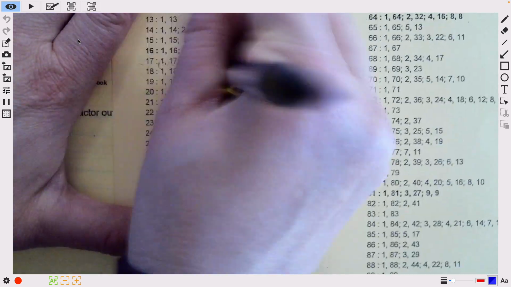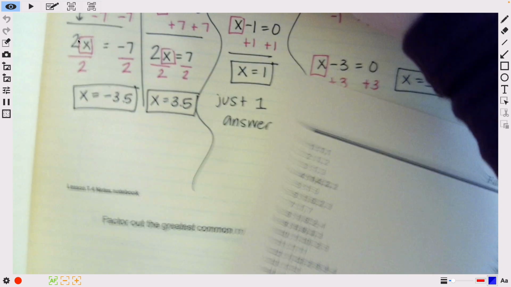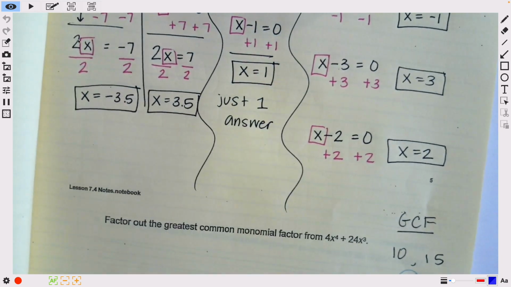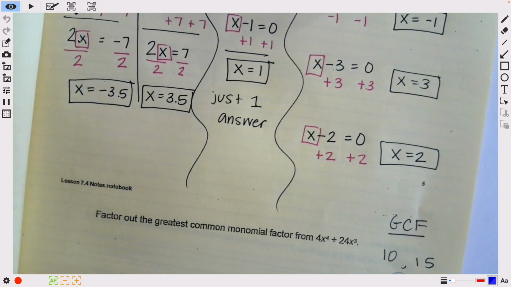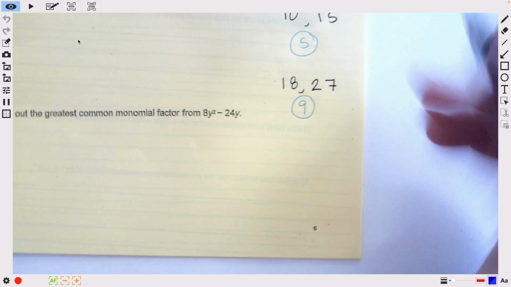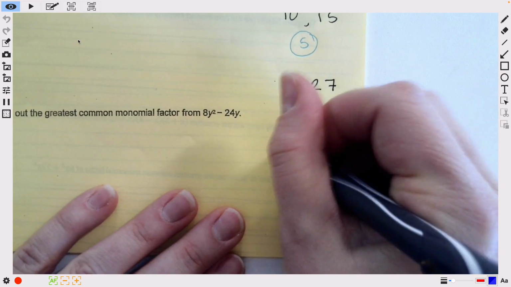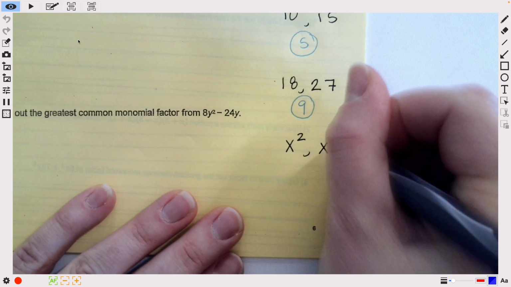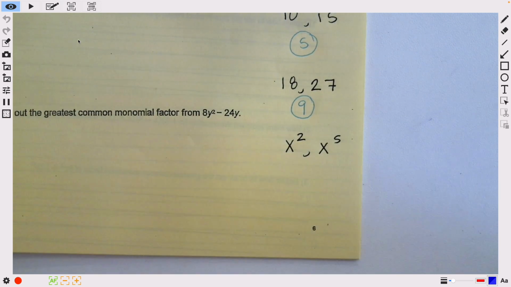Now, the tricky part, the part that's new from middle school, is now we're going to add in variables. Here's the rule with variables. If I asked you guys, what's the greatest common factor between x squared and x to the 5th? It is the biggest number of x's that you can evenly divide out of both.